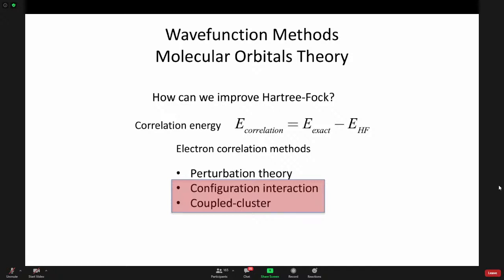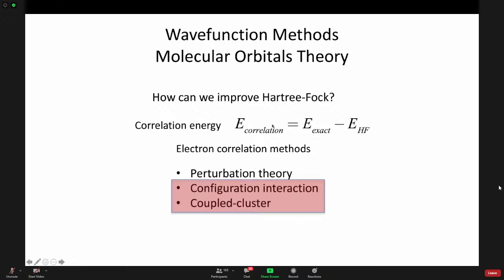Okay, so as I mentioned, Hartree-Fock is doing quite a good job. It calculated quite accurate energy, and we were able to produce the molecular orbitals. But we have to do better. So how can we improve this Hartree-Fock method?